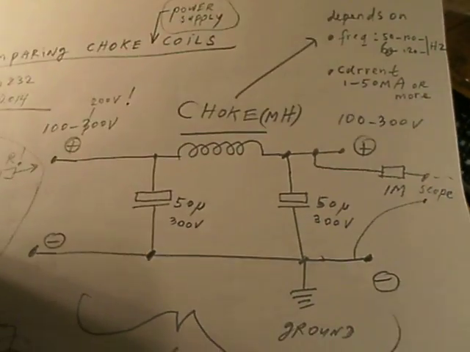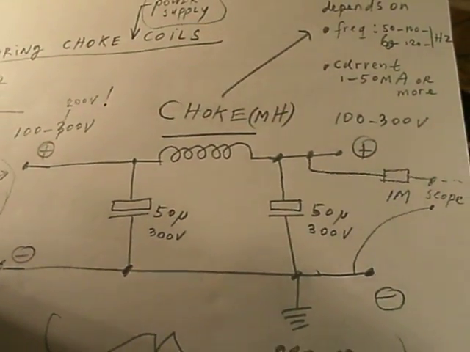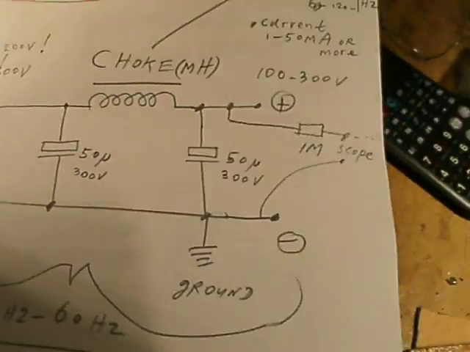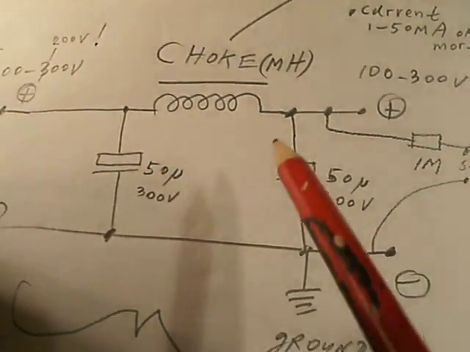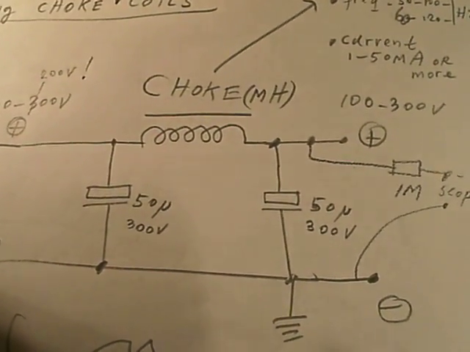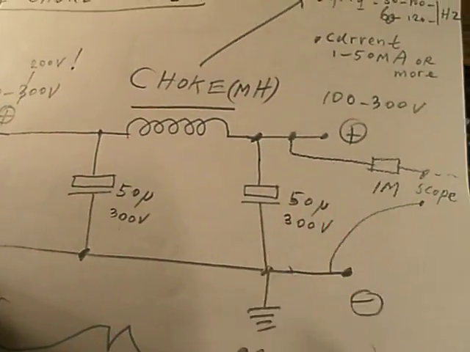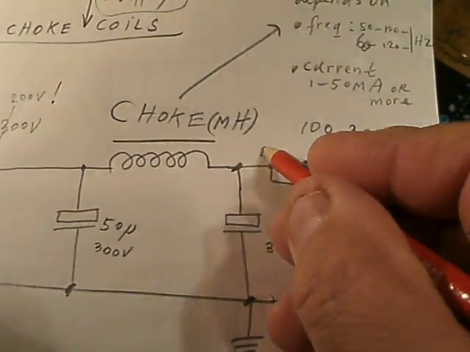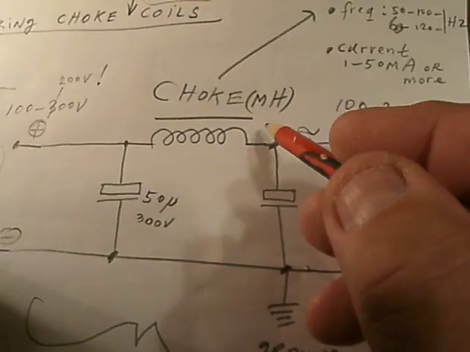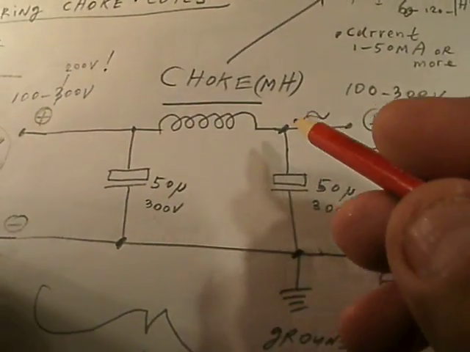So it all depends on how you make it. And of course you can take the schematic and buy all the components perfectly, but it's a very good idea to do some experiments and test how you can make a good DC power supply with no ripple here. The ripple is damped out completely by the value of this choke and the value of these two capacitors.